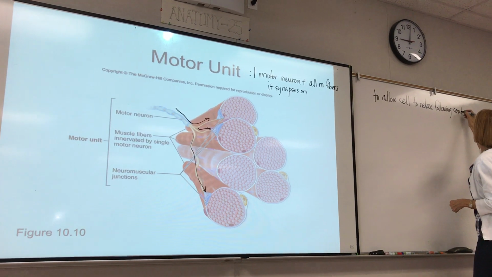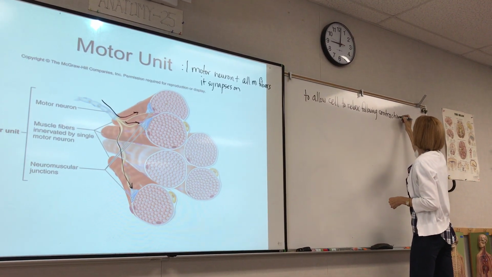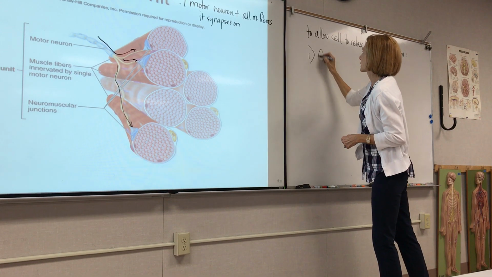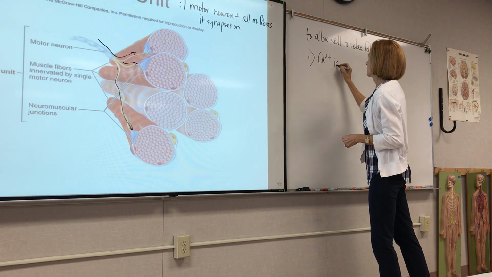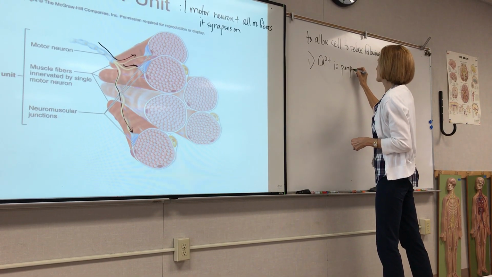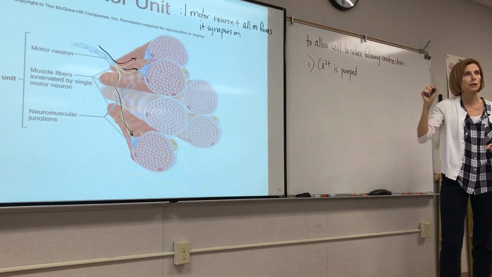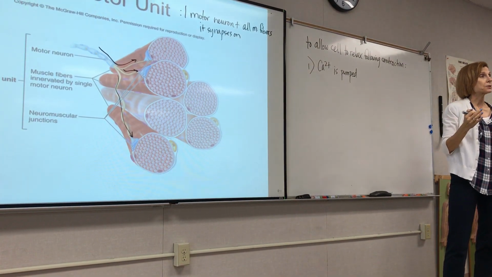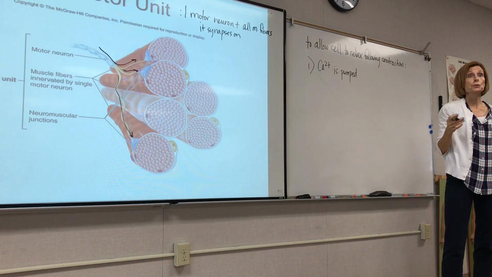So to allow the cell to relax following a contraction, the calcium is pumped, and this is actually called a calcium pump. You guys will talk about ion pumps when you take physiology. These use ATP.